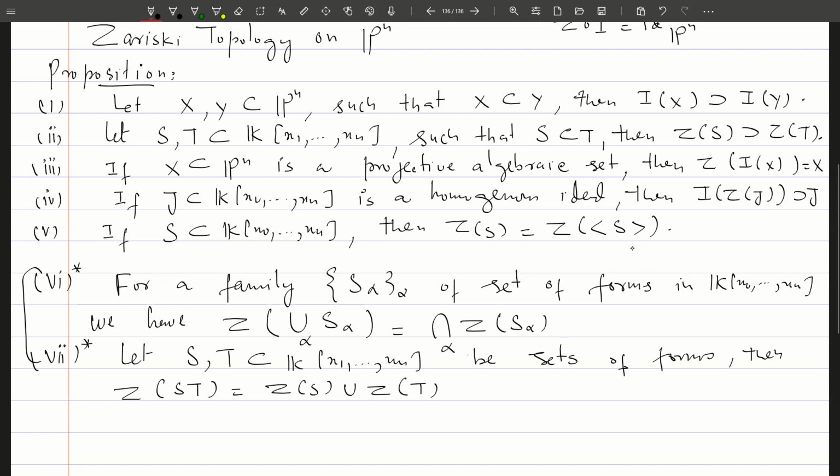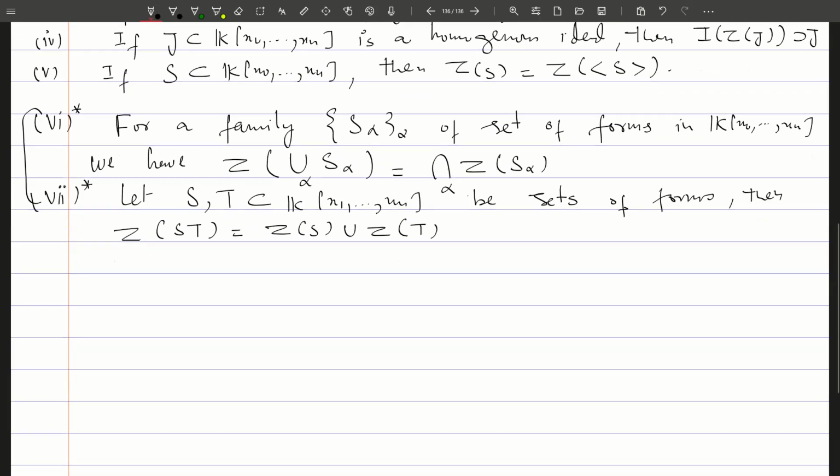So this allows us to introduce a topology on Pn for which the closed subsets are projective algebraic sets. We will not prove these items here because their proof is similar to the case in affine space. So we just leave them as an assignment for the viewers.